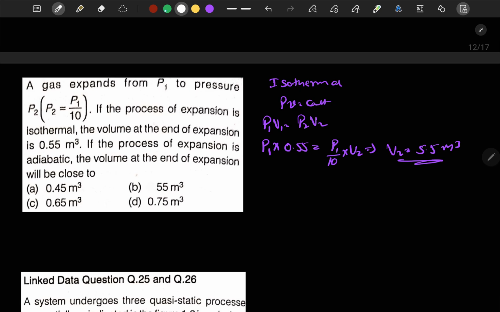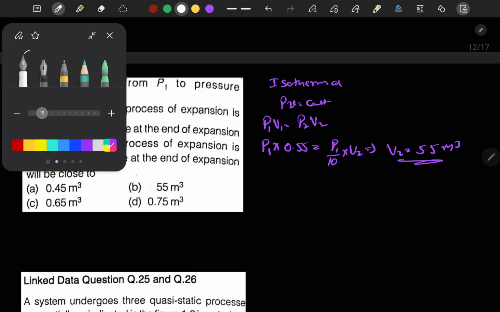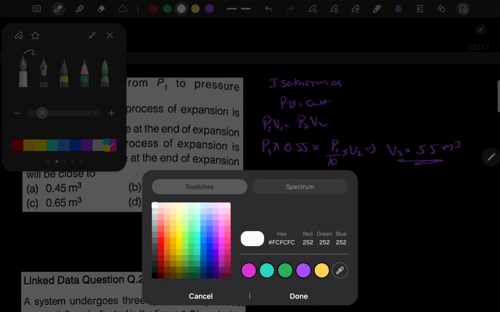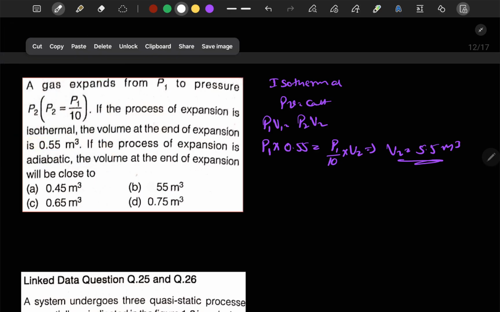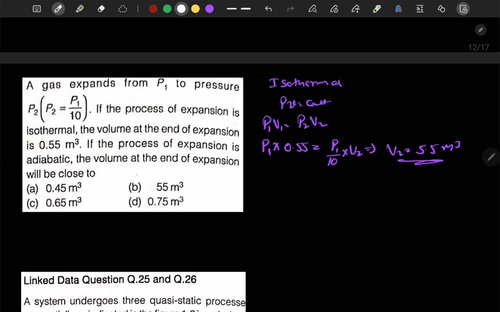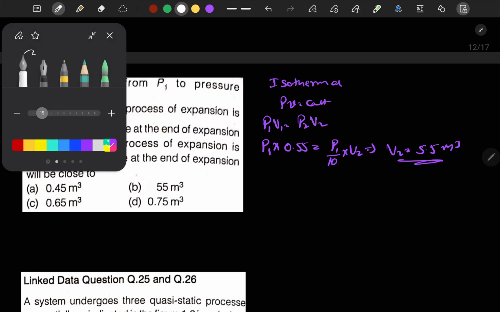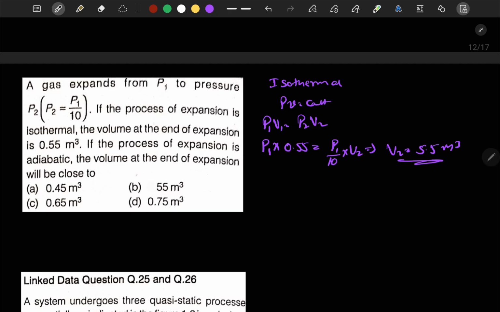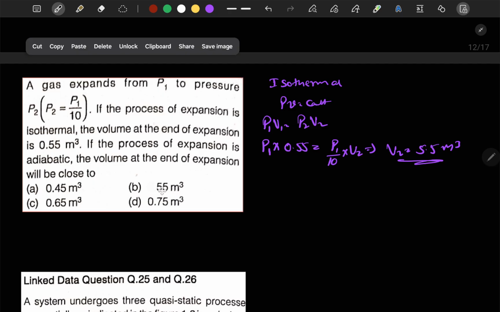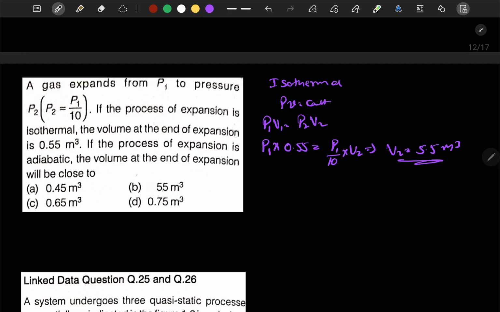Okay, so here the decimal will be 5.5, 5.5 meter cube. Okay, so this will be the answer B.